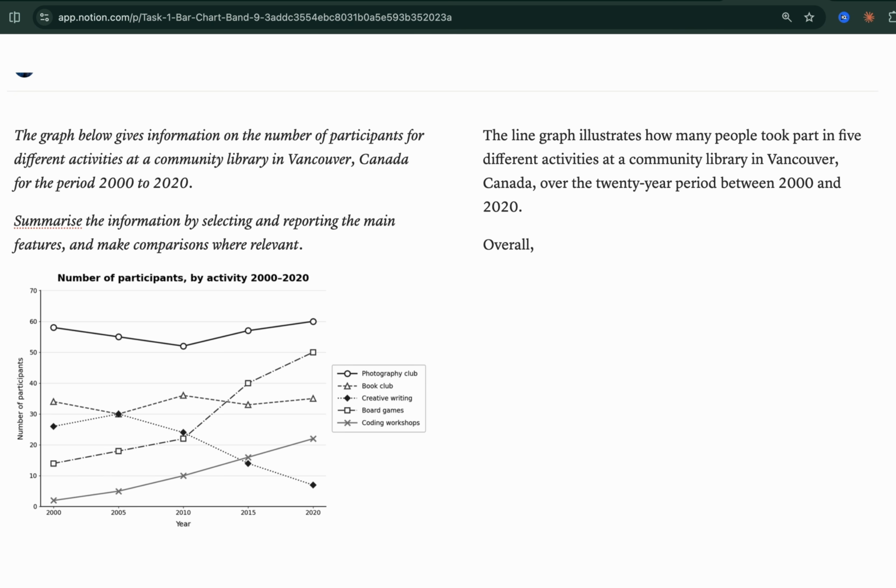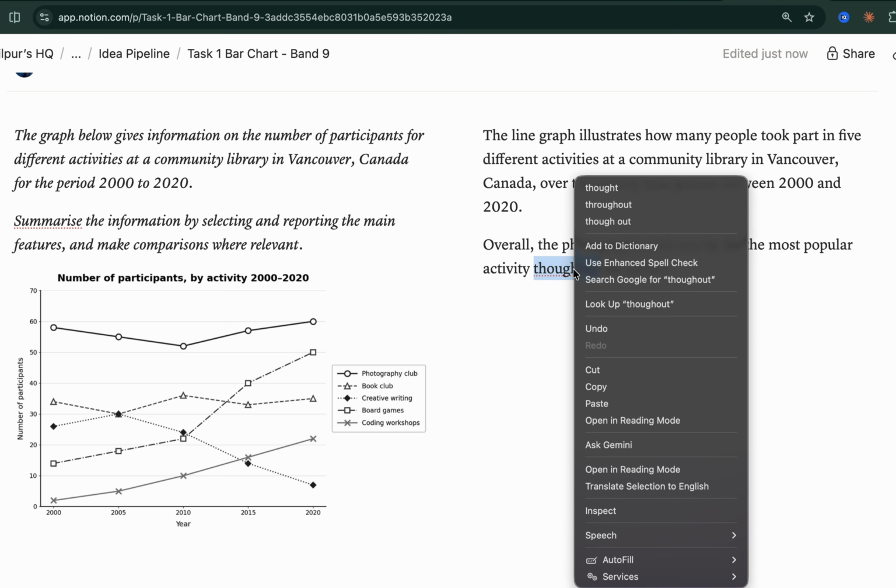What we need is just to remember a few words to clearly show the examiner that this paragraph is the overview. So overall, the photography club was by far the most popular activity throughout the period. Sorry for the typo again.